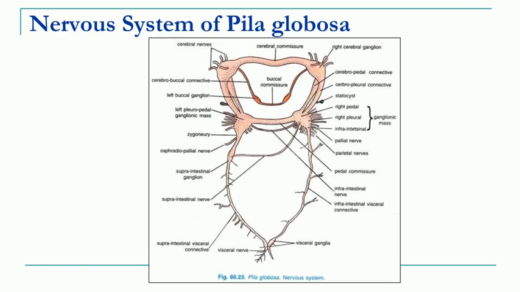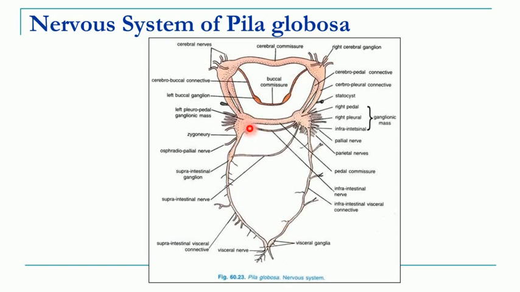In this diagram, we will see the position of different connectives. Suppose this is a cerebral ganglion, it is attached to this buccal ganglion, then this connecting nerve is called the cerebrobuccal connective. Similarly, on this right side you have the cerebral ganglion connected with a buccal ganglion. Then this connecting nerve is called a cerebrobuccal connective.